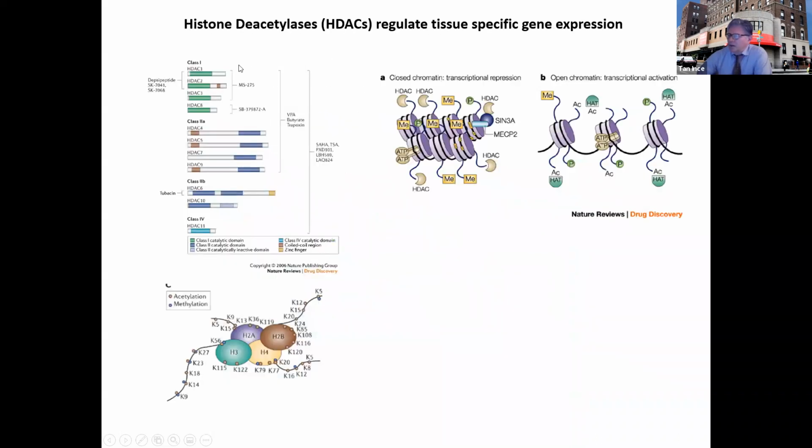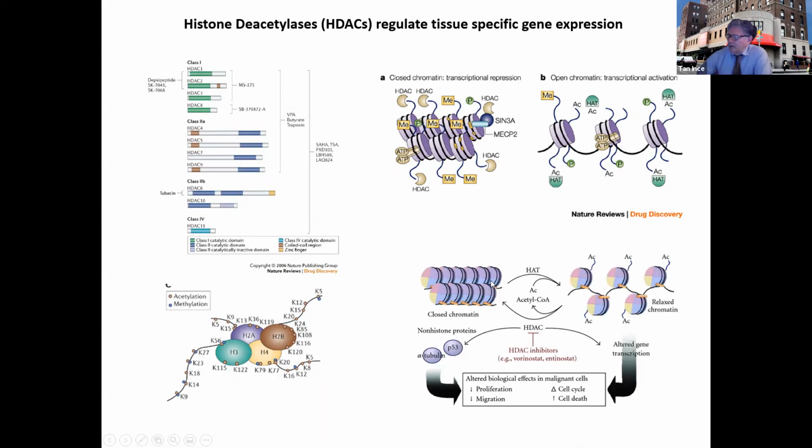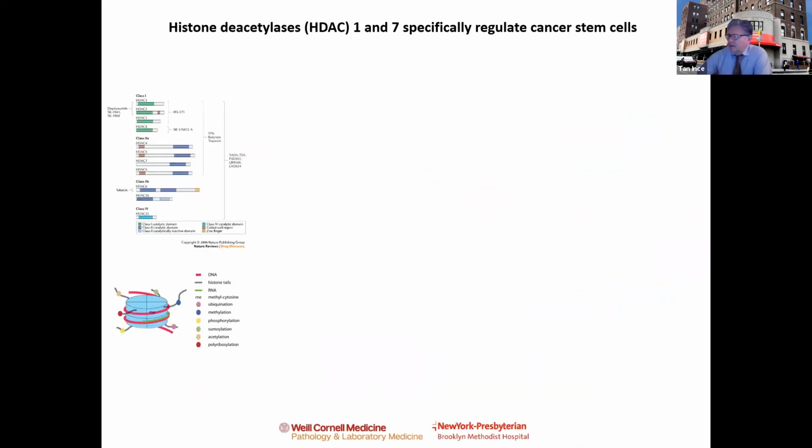And these marks are placed on the DNA by enzymes called histone deacetylases. There are 11 of them, and they mark the DNA. There's also methylation that marks the DNA. And when DNA is acetylated, it opens up and genes can be transcribed into proteins.